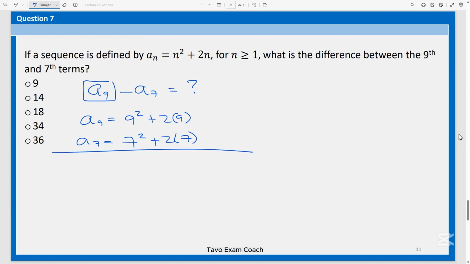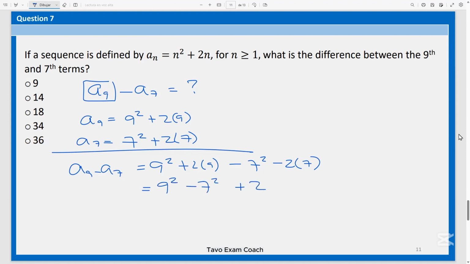If we do the subtraction of the two terms, it means adding these two and subtracting the two below. If we regroup the terms in this compound sum conveniently, we might have a difference of squares here plus 2 multiplied by the difference of 9 and 7. So this part is interesting.